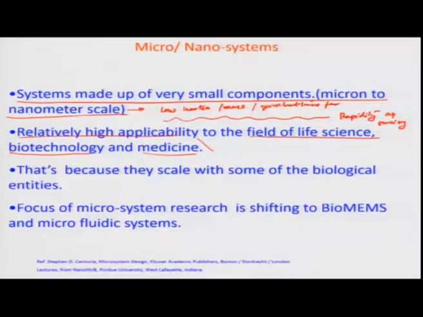So, why is there a relatively high applicability of micro and nano systems to this field of life sciences? Principally because the elements that we are talking about size and scale with some of the biological entities, and the research in such systems is typically shifting to bio-MEMS and microfluidic systems.